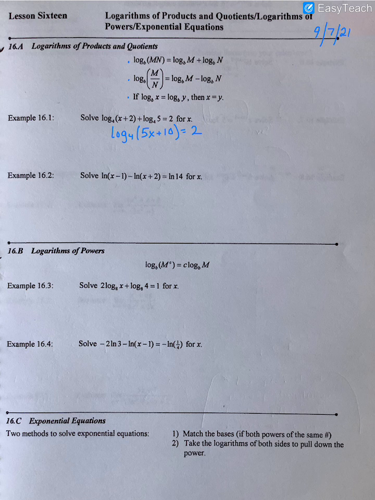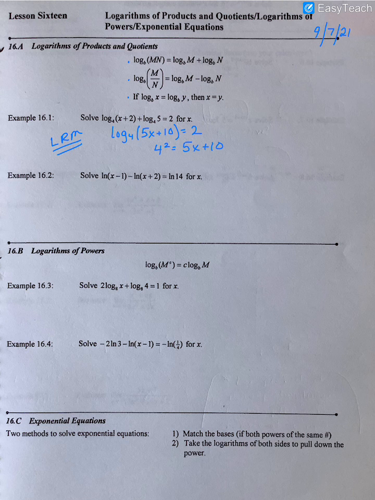And now that I have one log equaling a constant, we can use our left, right, middle technique to get out of log form. 4 is on the left, so 4 raised to the second equals 5x plus 10.